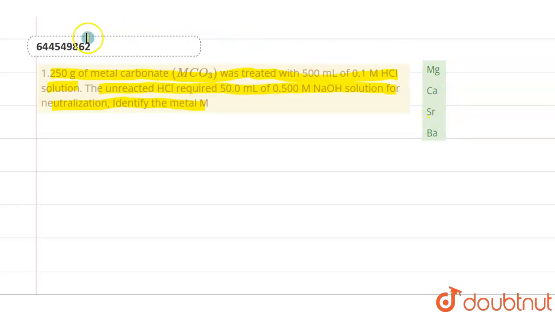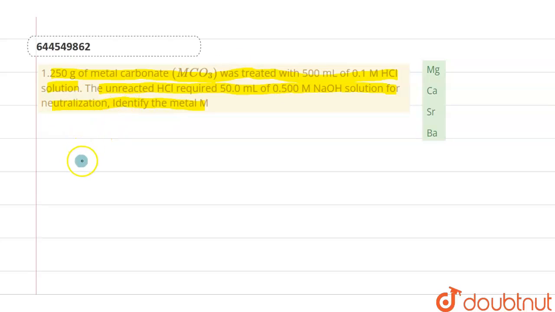So what happens, some amount of metal carbonate is given and it reacts with HCl to give a compound, and once we get that reaction, the rest of the HCl, the excess HCl, is neutralized by some amount of NaOH. So we need to find what reactions are happening here.